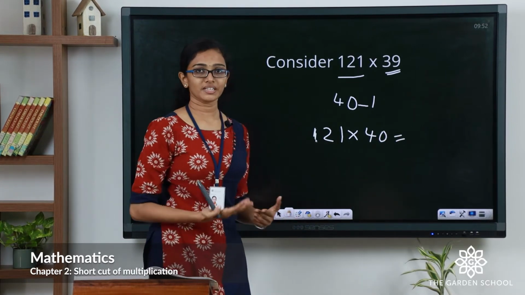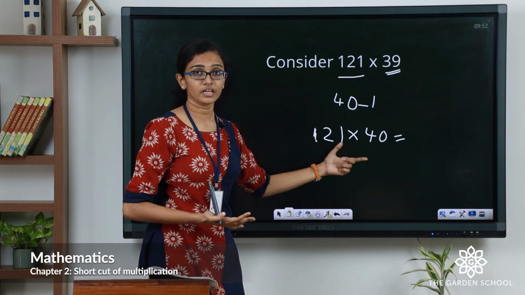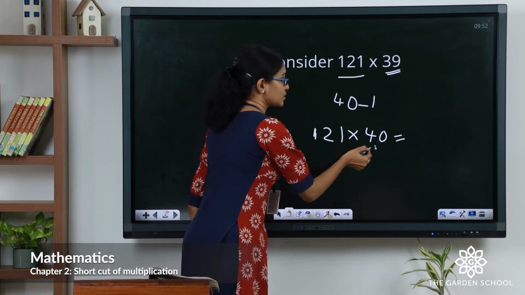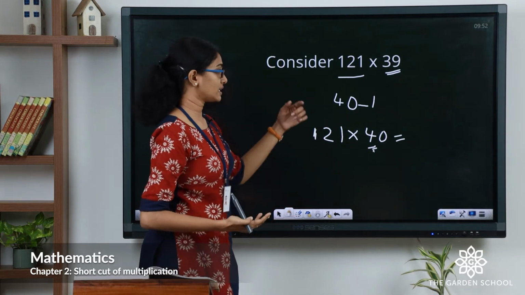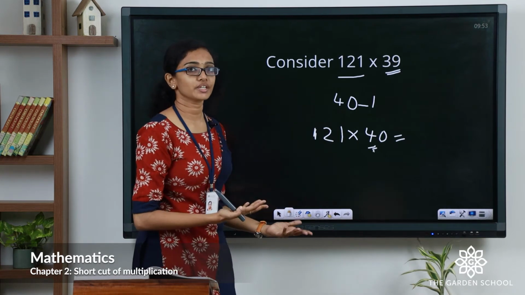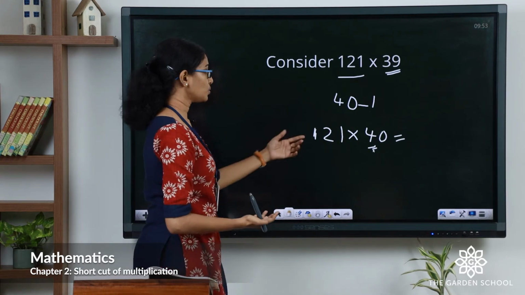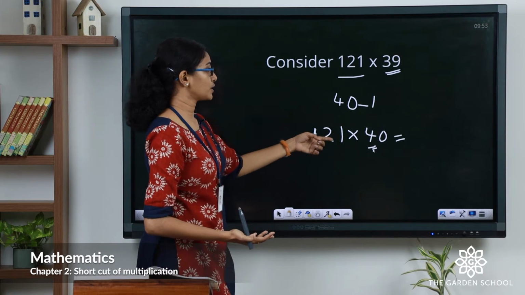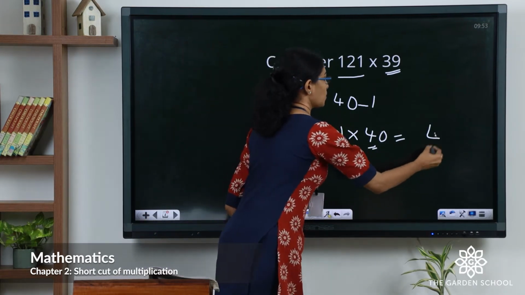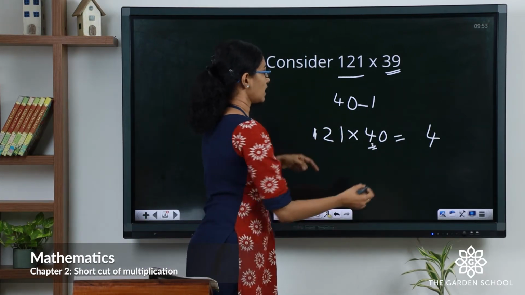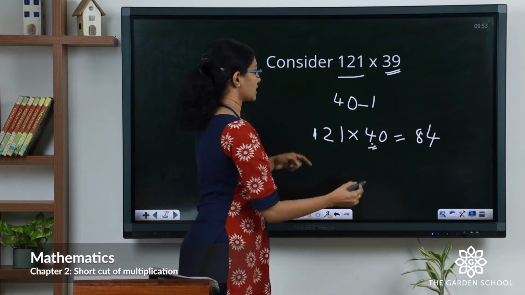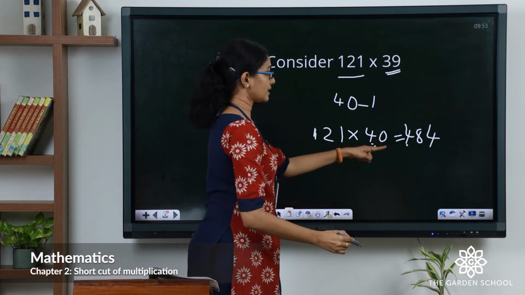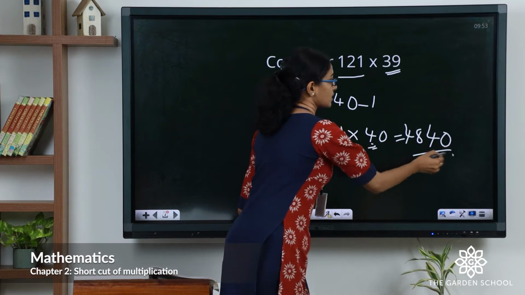We know to multiply with any multiples of 10, you just multiply the number with the digit at the highest place and just add enough zeros to make up the places. So, we can just do 121 into 4, which is equal to 4 ones are 4, 4 twos are 8 and 4 ones are again 4, and just add the 0 to the product.